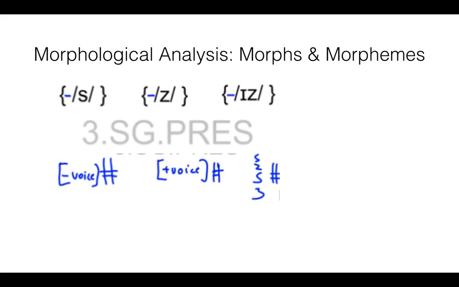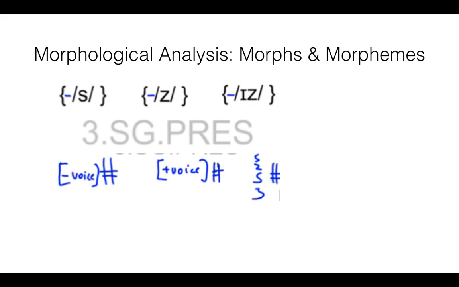Now, I say it is pronounced S, like in the first one there. In what kind of environment is it pronounced S? So I have to determine that here. You see the boundary here? It is pronounced S after a voiceless sound.